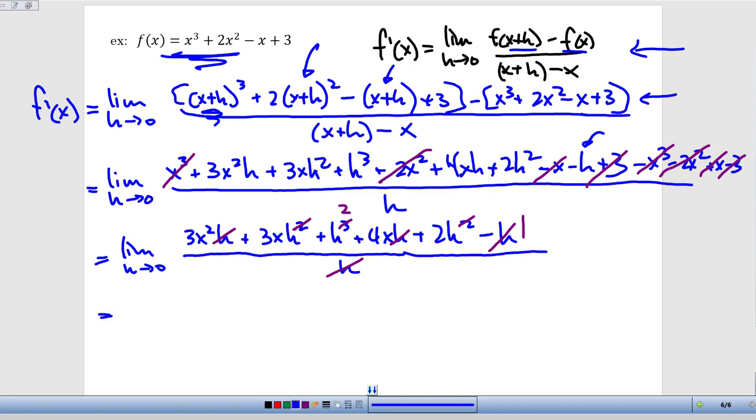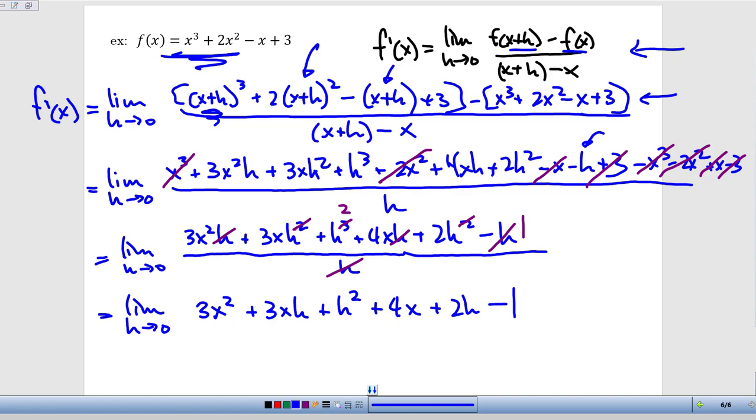So now we're going to apply our limit as h approaches 0 to 3x squared plus 3xh plus h squared plus 4x plus 2h minus 1. And so if we set h equal to 0 now, we've got 3x squared left.